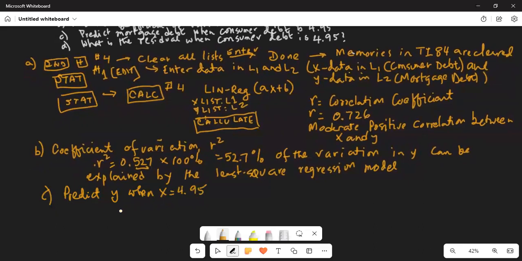So first we need to find the least square regression line equation. That is also in the calculator.